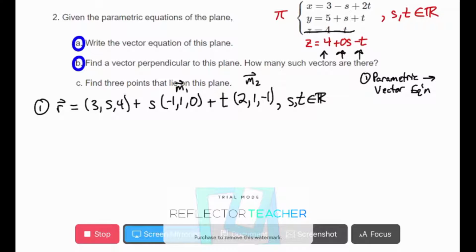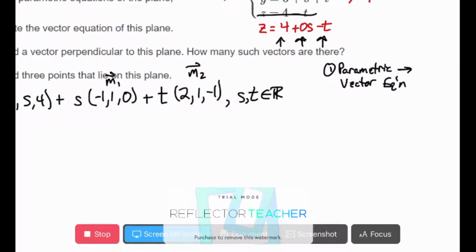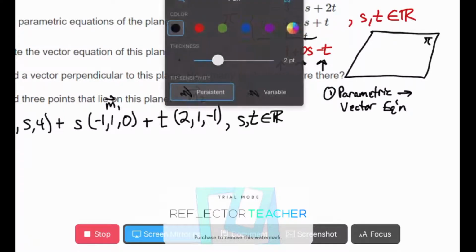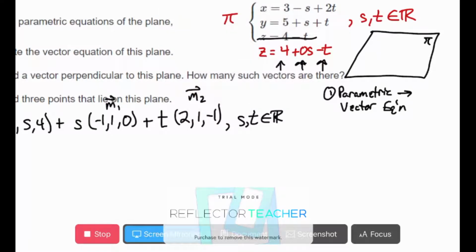Number 2, we're going to need to find a vector that is perpendicular to m1 and m2. So if we were to draw our sketch, I think I can fit this in here. If I have my plane, tau, and I have my direction vectors that I just found as I wrote the vector equation.